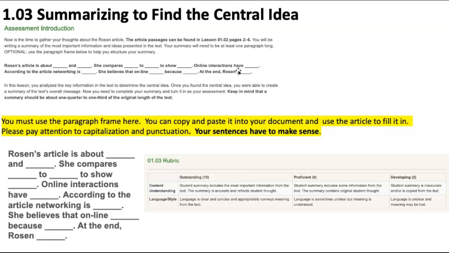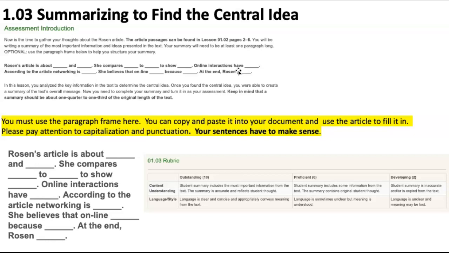She compares blank to blank to show what? She compares those two things from the first sentence, but what's she trying to show you? What's the whole point? Then you can go on with it. Make sure that you pay attention to capitalization, punctuation, and even spelling when you are filling out this paragraph frame. Again, you can just copy and paste this directly into a document and finish those sentences out.